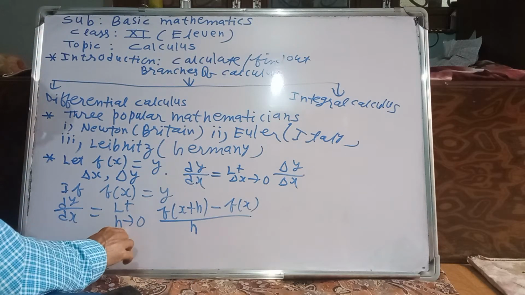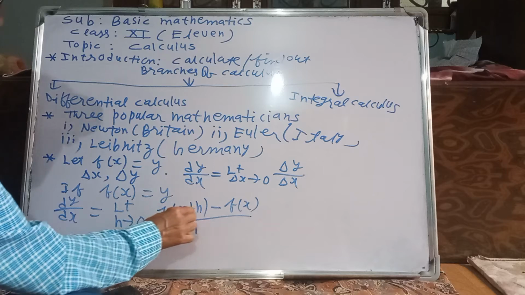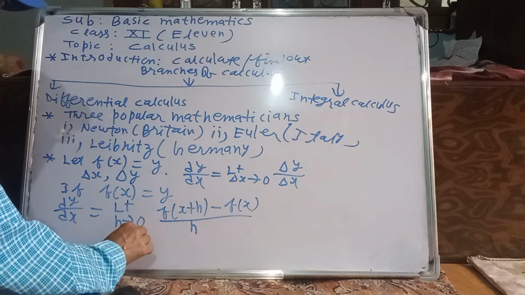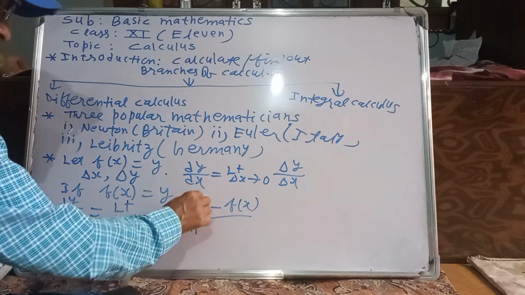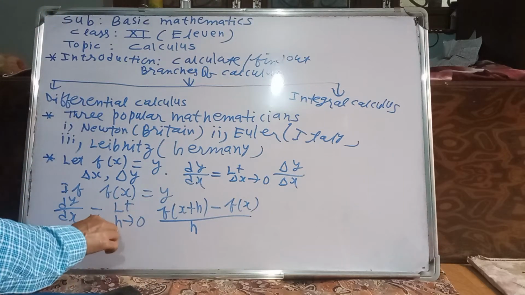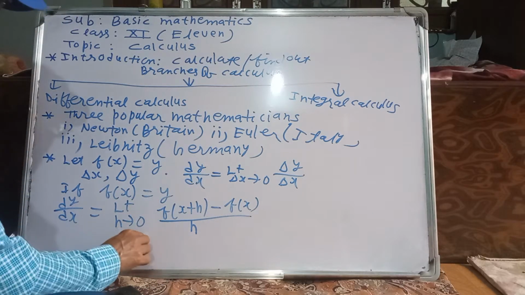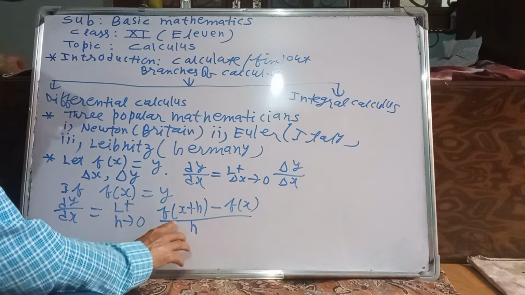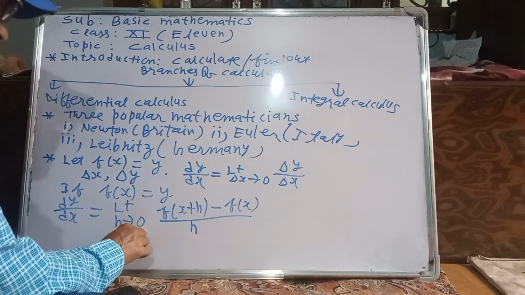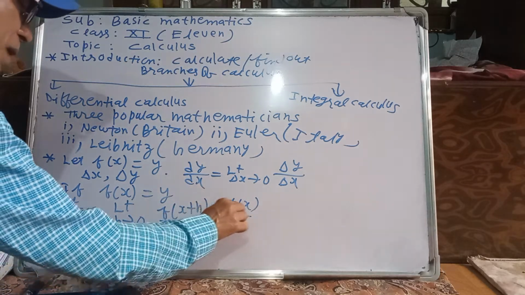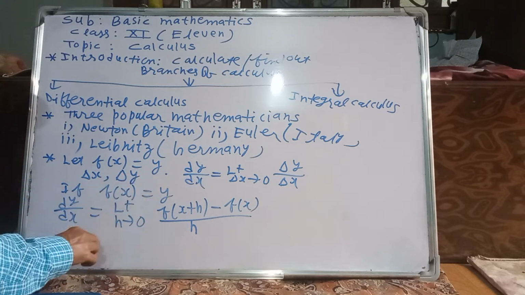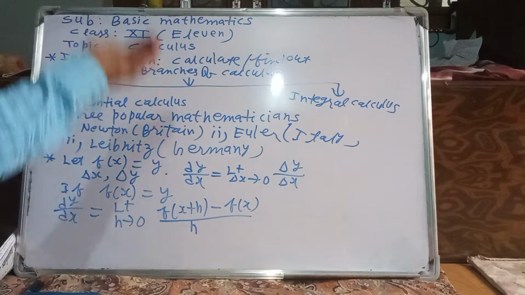Suppose we put h equal 0 directly, it becomes f(x) minus f(x) upon h, which is 0 by 0. But here h is not directly 0, so dy by dx equals limit h tends to 0 of f(x plus h) minus f(x) by h. This is the differential coefficient of y with respect to x.